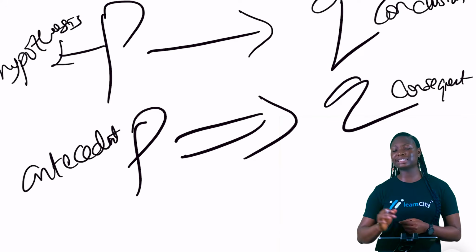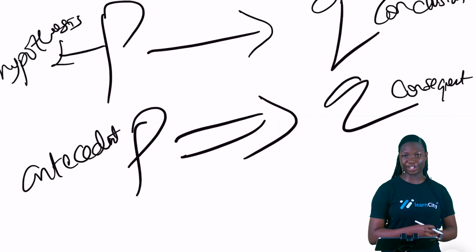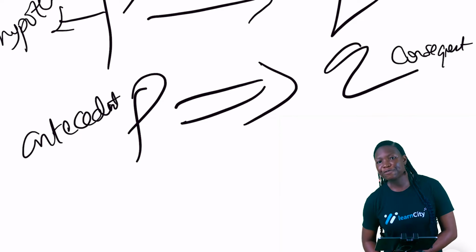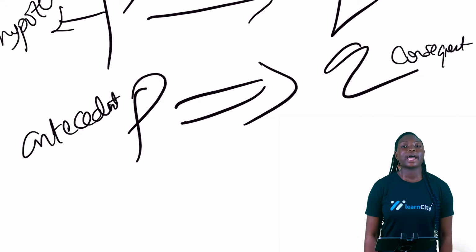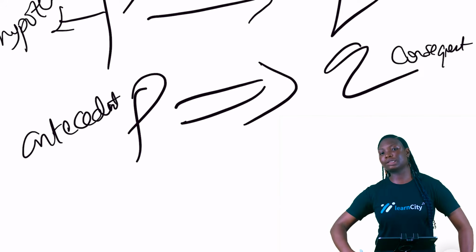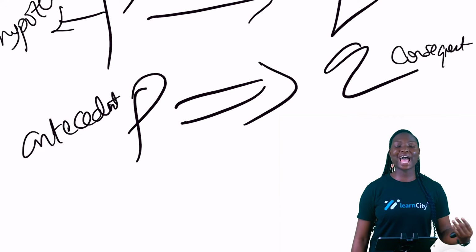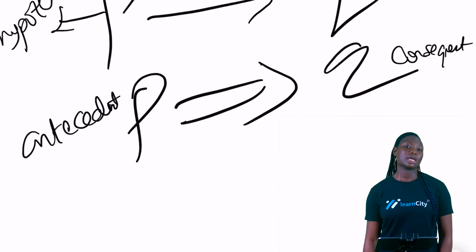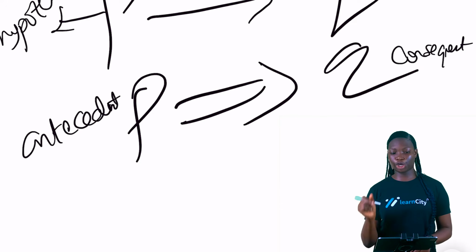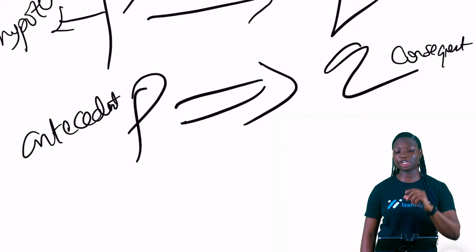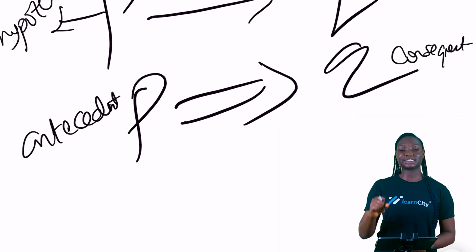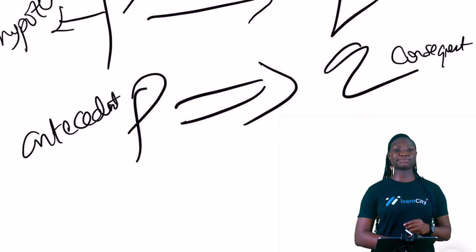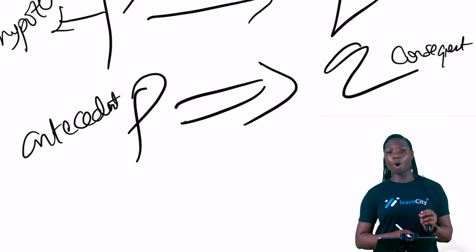So this conditional statement can be expressed in 5 ways. If P, then Q. Q if P, where we have a goat, comma, if this goat is black. P only if Q. P is sufficient for Q, and Q is necessary for P. So these 5 forms will determine whether a statement is a conditional statement or not.